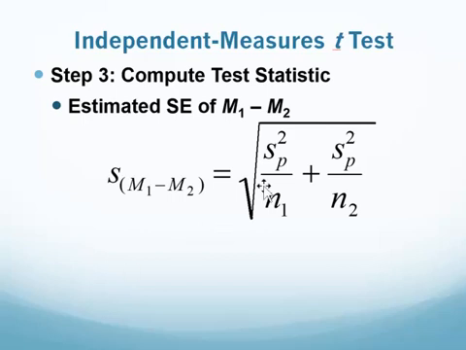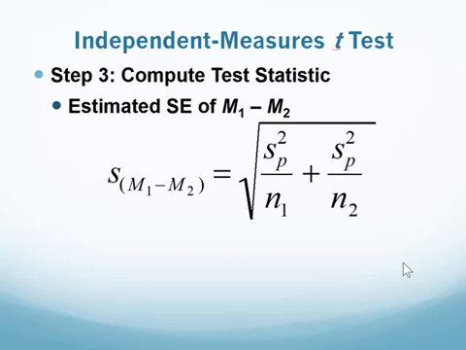We plug in the pooled sample variance as well as the sample size for each sample into this equation, and then compute the estimated standard error of the mean that we need to compute our test statistic. So we find the square root of the pooled variance divided by the sample size of sample 1 plus the pooled variance divided by the sample size of sample 2.